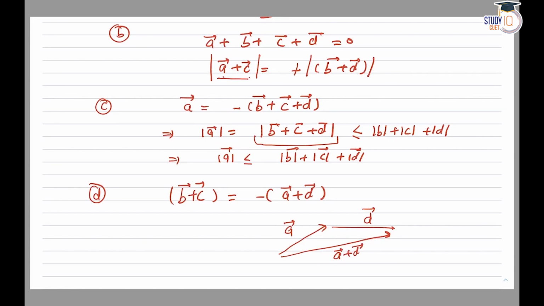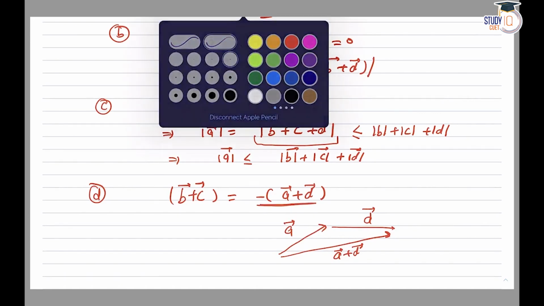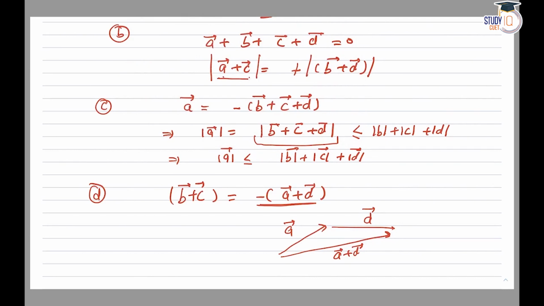So we are given that B plus C is equal to minus of A plus D. It means that if this is A plus D vector, then B plus C would be opposite to A plus D. So if this is A plus D, then B plus C would be in this direction. From this we can say that B plus C vector is in the plane of A vector and D vector. This is correct.